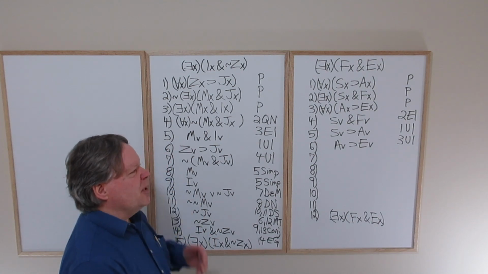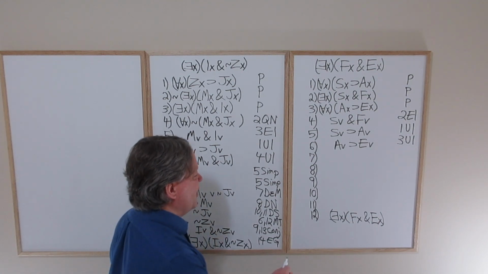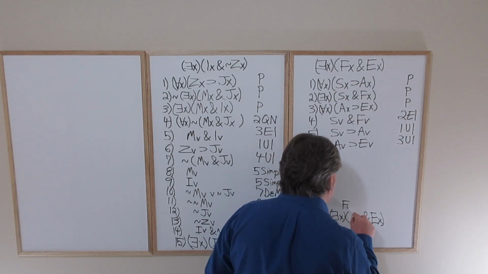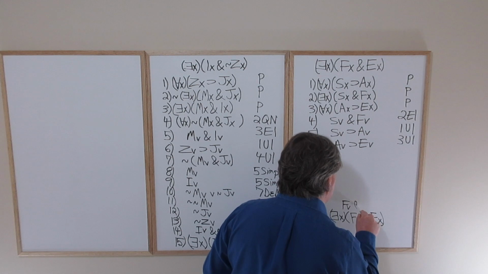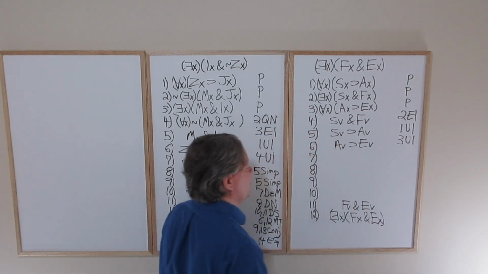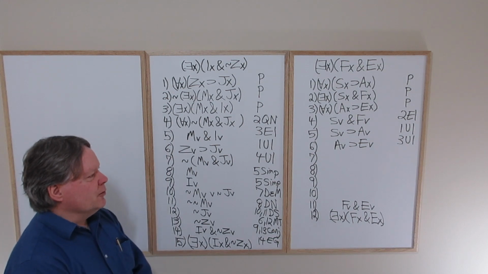Given that our information is in terms of unspecified V, the second last line of the proof is going to say unspecified V is a feminist and unspecified V is an envied person.